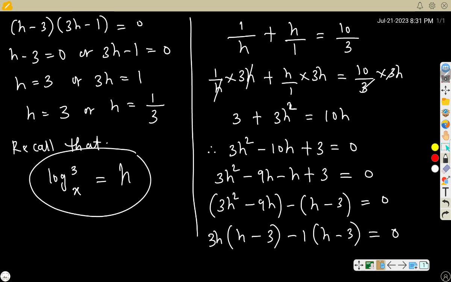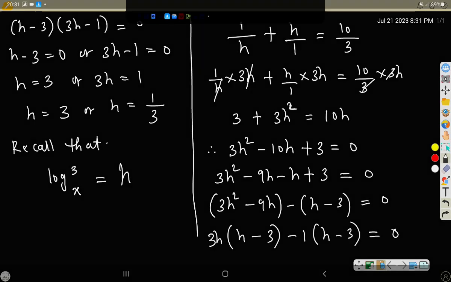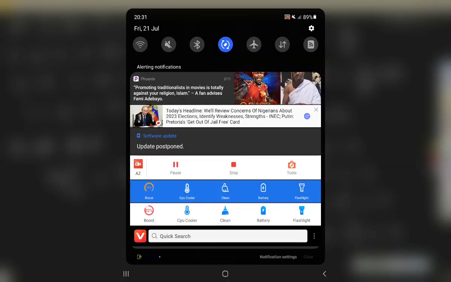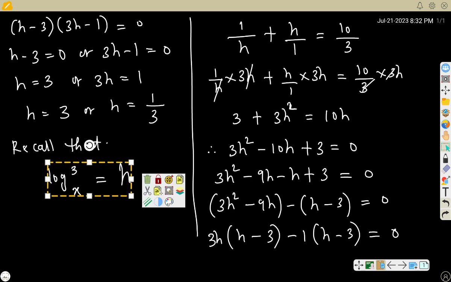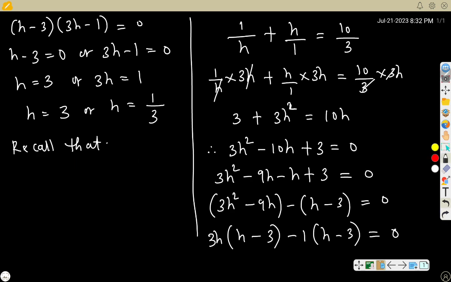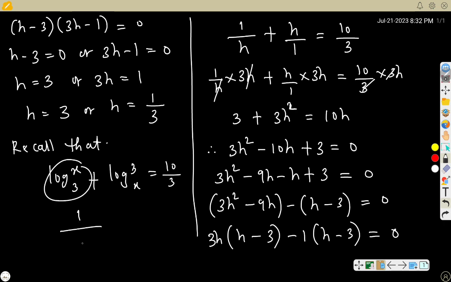Remember from the beginning we had log x base 3 plus log 3 base x equals 10 over 3, and I changed this one to 1 over log 3 base x.